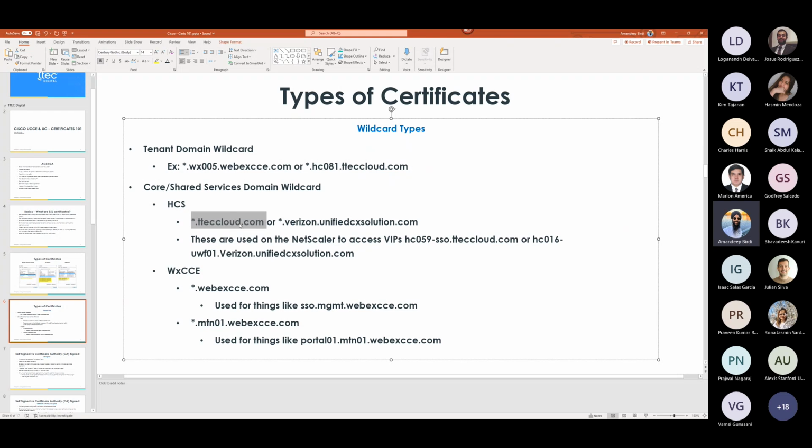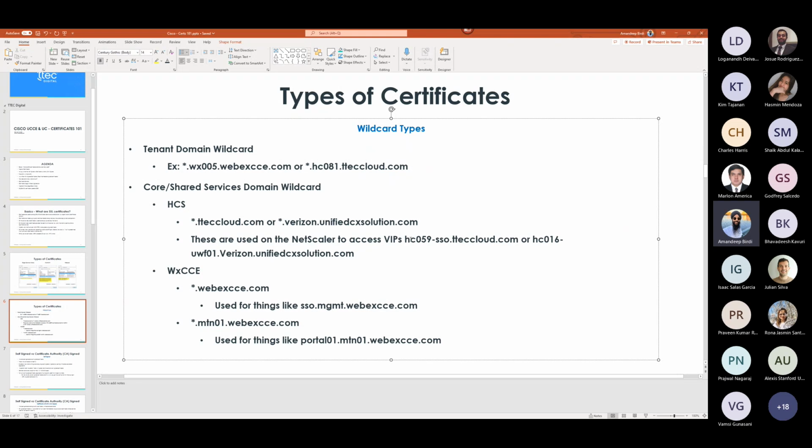So this is something we just went through as well in March. So this domain, they both expired in March and we renewed them. And that was quite a bit of effort because a lot of places are using this. You've got NetScalers, you've got ADFS servers, you've got LDAP servers, you've even got some third-party applications like Upstream using these certs, right?